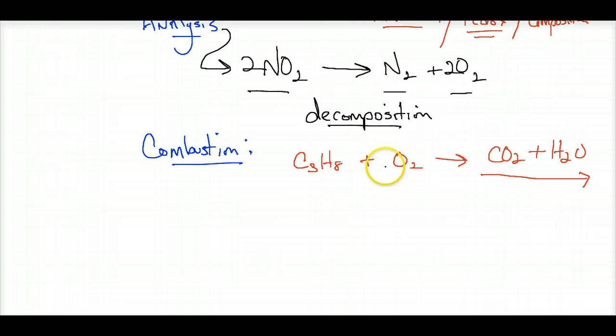Of course, I didn't balance here, so I have 3 carbons, 3 times 2 is 6, so this gives me 6 oxygens on this side. Now I have 8 H's, so put a 4 in front. That gives me 8 H's, but 4 oxygens over here, so a total of 10 oxygens. And to balance that 10 oxygens, I put a 5 here.